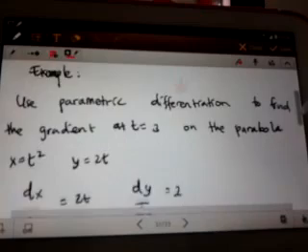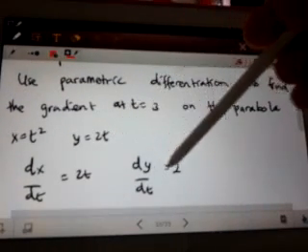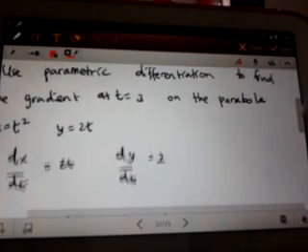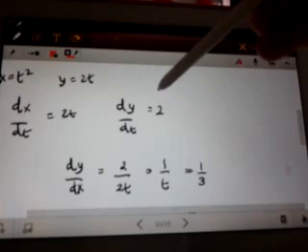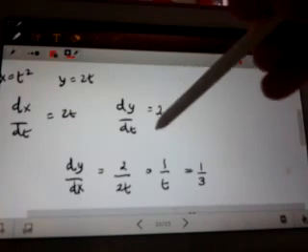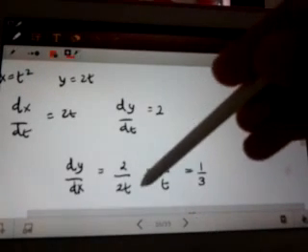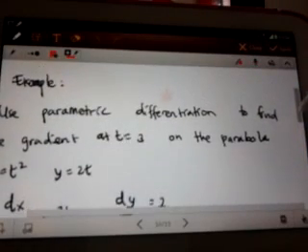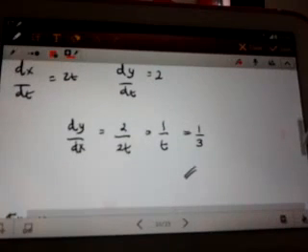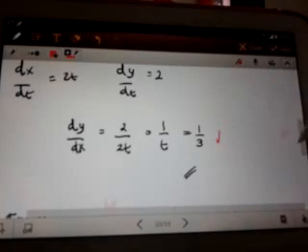So dx/dt is equal to 2t and dy/dt is equal to 2. Of course, dy/dx is equal to dy/dt divided by dx/dt, so 2 over 2t is equal to 1 over t. Because you are asked about the gradient at t equal to 3, just replace t by 3. So the gradient is 1 over 3.